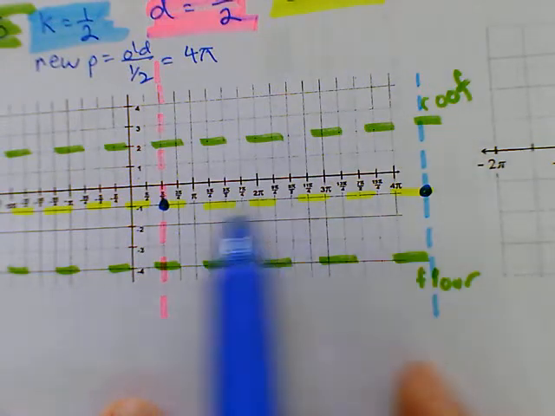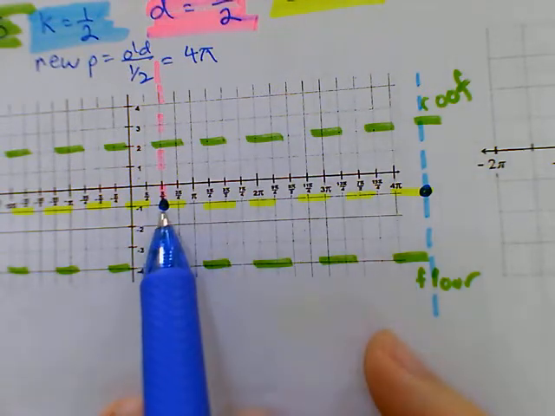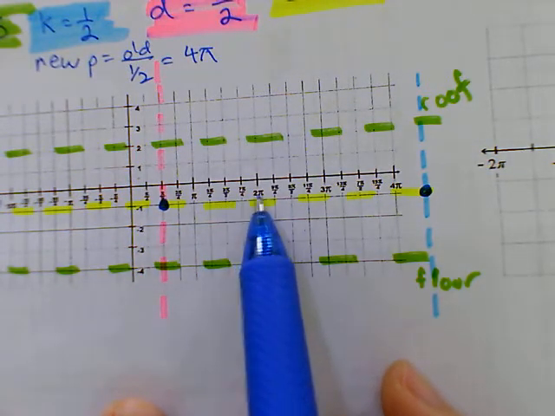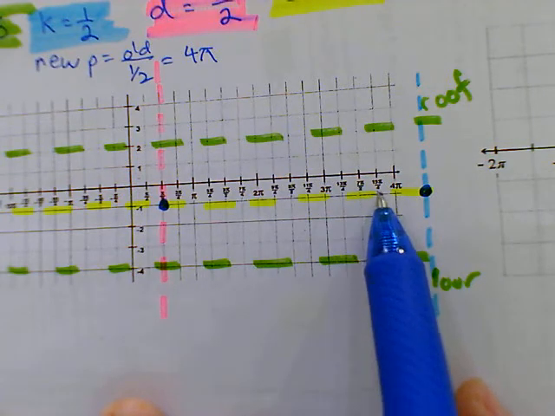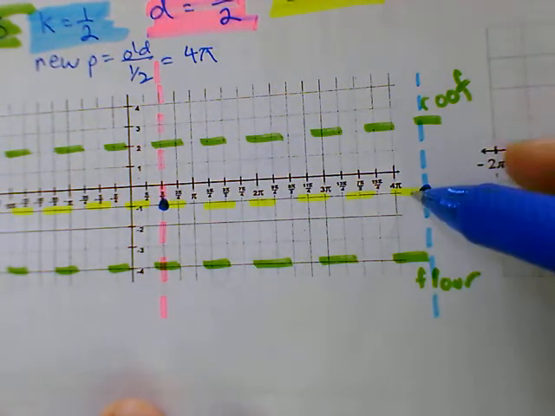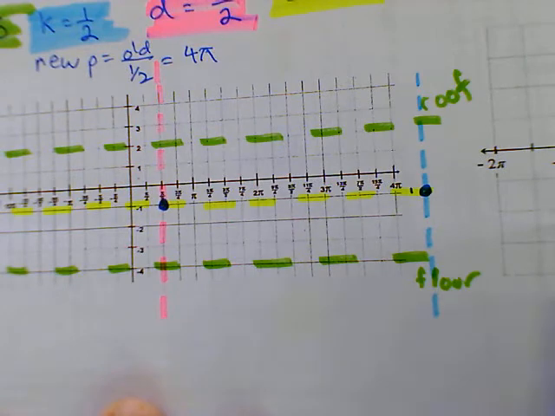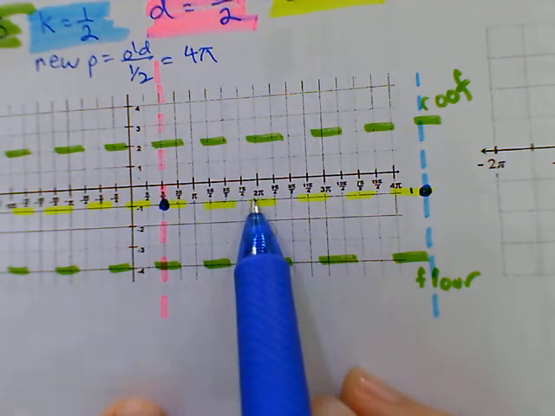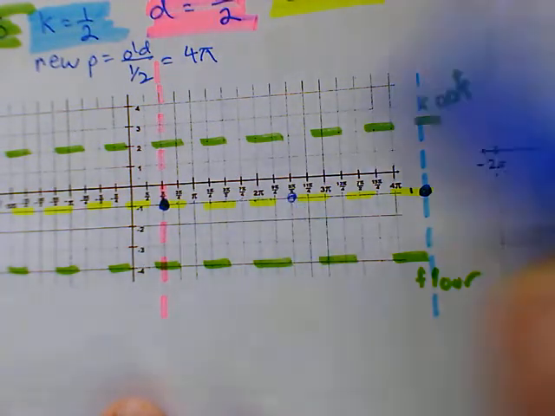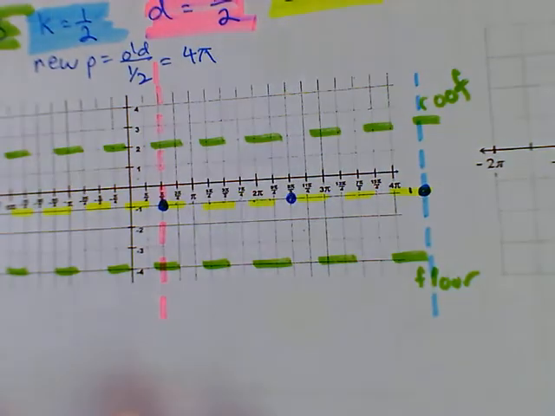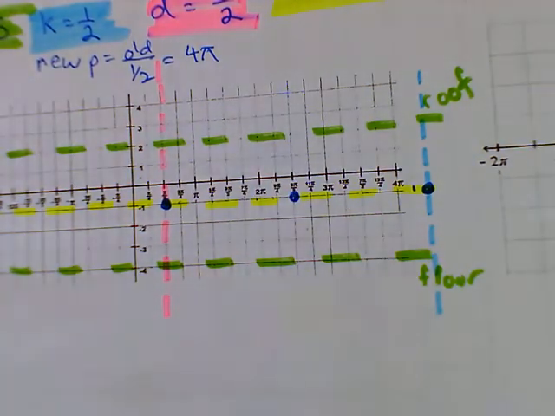So count your squares if you want to. I have 1, 2, 3, 4, 5, 6, 7, 8, 9, 10, 11, 12, 13, 14, 15, 16 boxes. So 1, 2, 3, 4, 5, 6, 7, 8 is another midpoint on the yellow line. Are you starting to see a curve? Yes. Kinda?